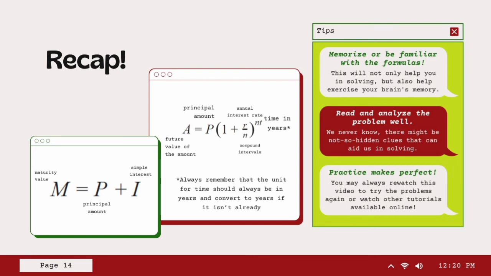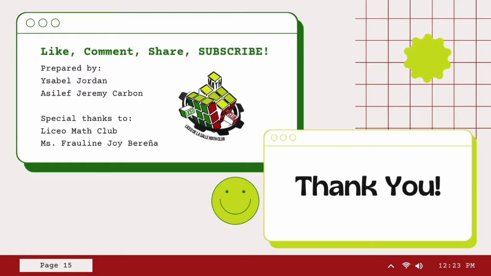We use the maturity value formula in problems that require the variables related to the maturity value and the basic compound interest formula for the same requirements but including compound intervals. Always remember that our unit of time should always be in years. If the given isn't already in years, we have to convert it to be able to perform the solution properly. I guess that ends our lesson.